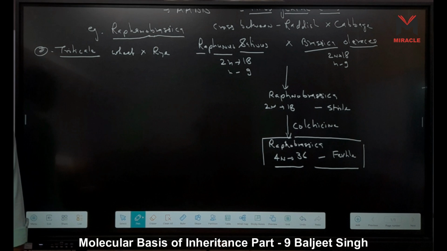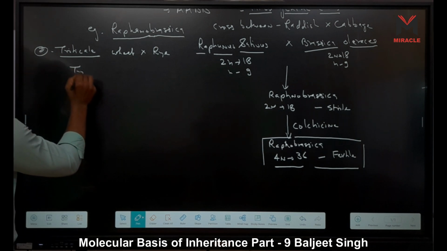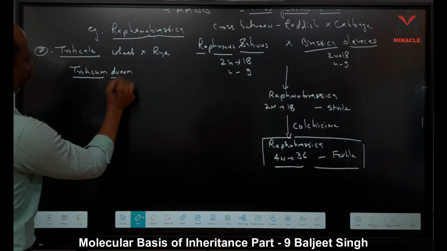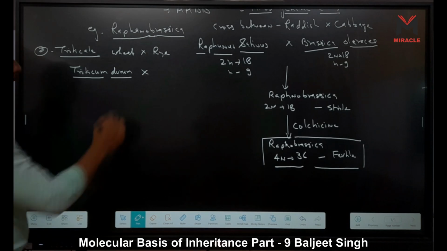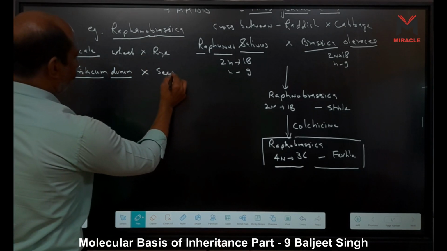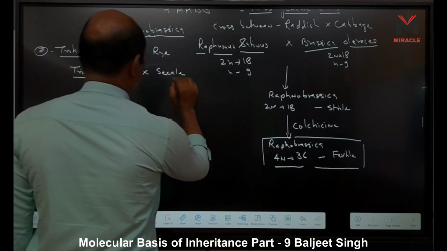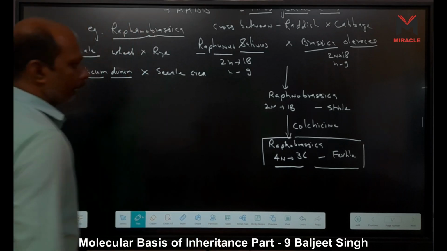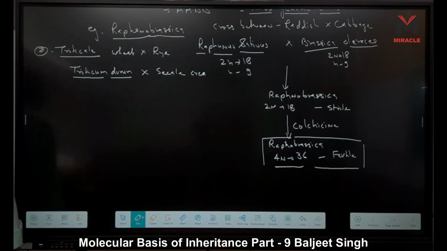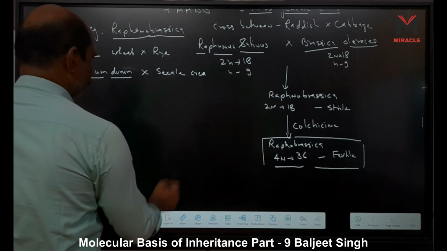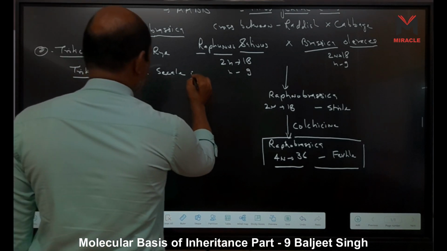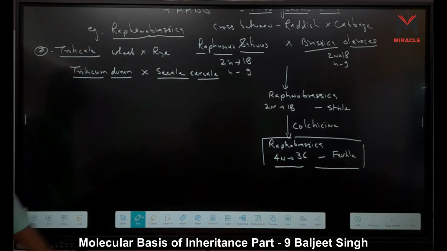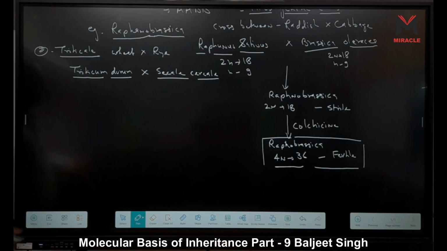It is Triticum durum, a wild variety of wheat, crossed with this one, Secale cereale. Not C-R-E, it is C-E-R-E-A-L-E, cereale. Both are scientific names. That is rye, right? When they cross.